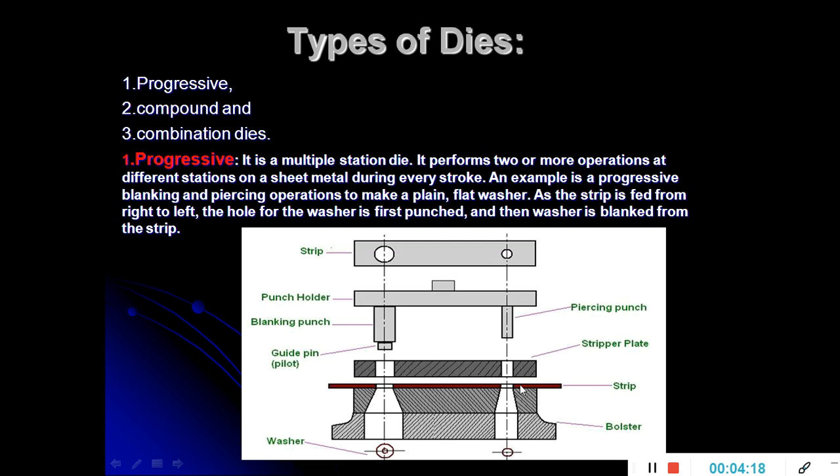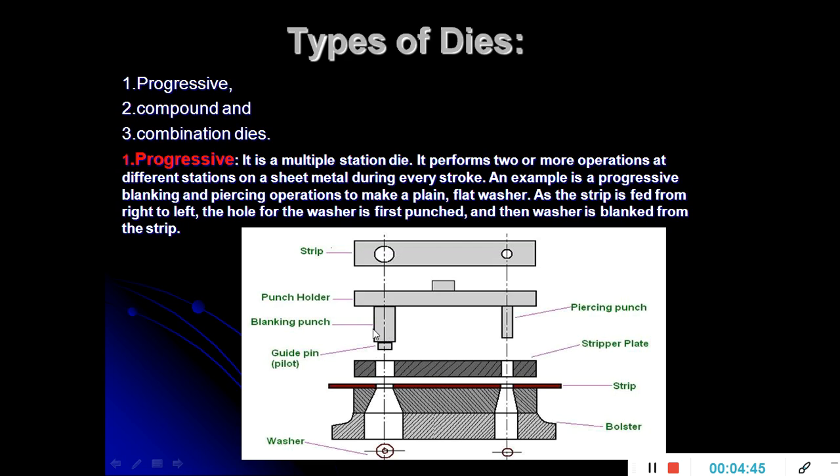Now as the hole is produced, the sheet is moved to the next die station, where the blanking punch performs the blanking operation exactly on the sheet metal where the hole was produced by the punching operation.